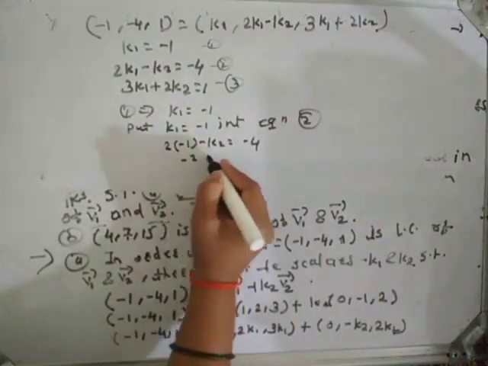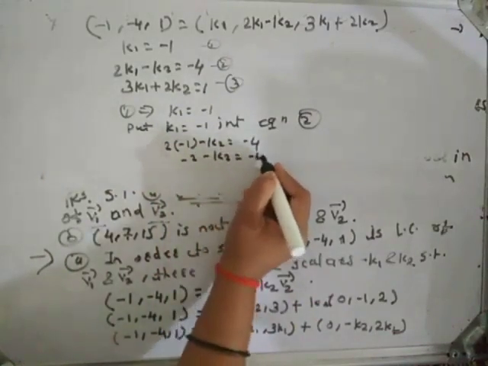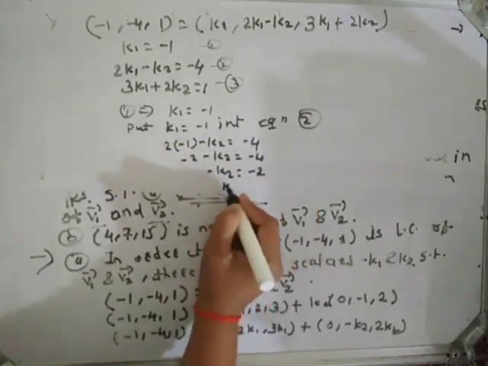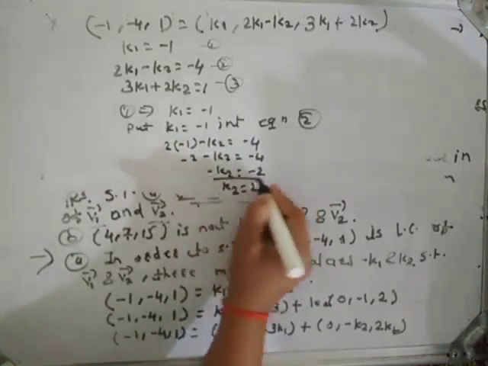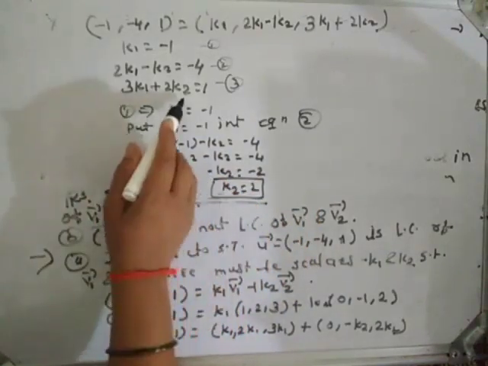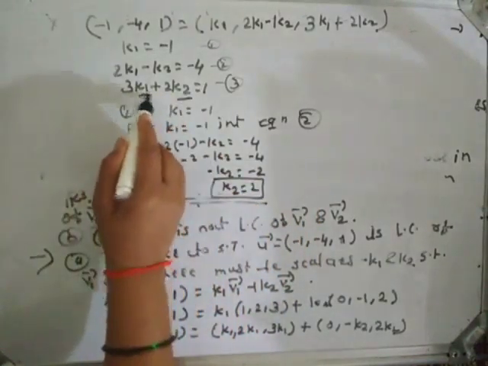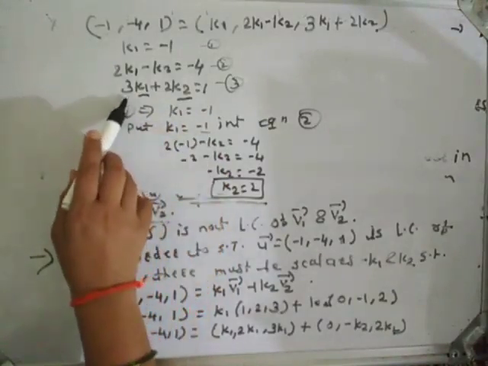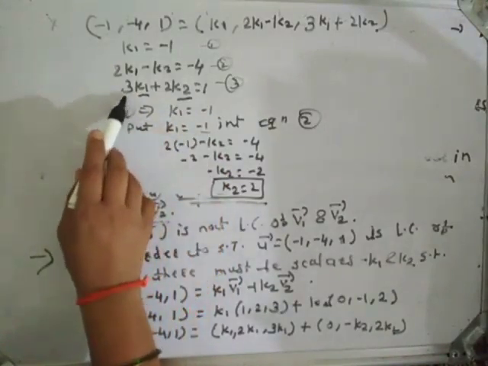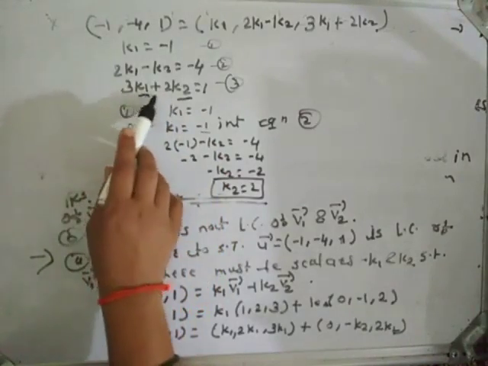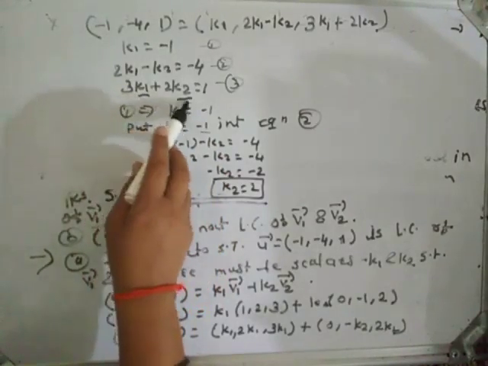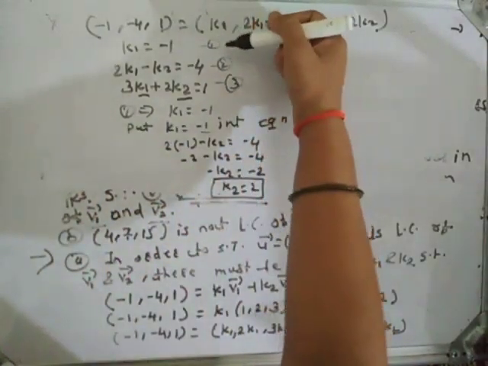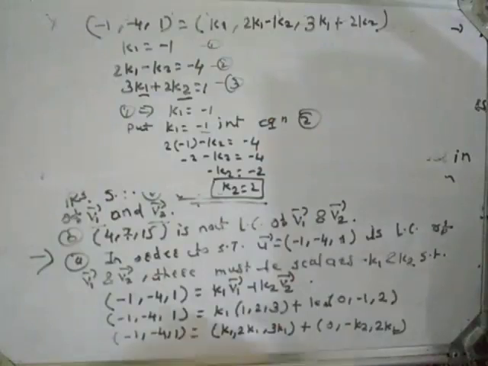So this is -2 minus K2 is equal to -4. This is minus K2 is equal to -2. That implies K2 is equal to 2. If we put K2 equal to 2 and K1 equal to -1 in equation 3, we get -3 plus 4, means 1 is equal to 1. Means the values of K1 and K2 satisfy equations 2 and 3 simultaneously.